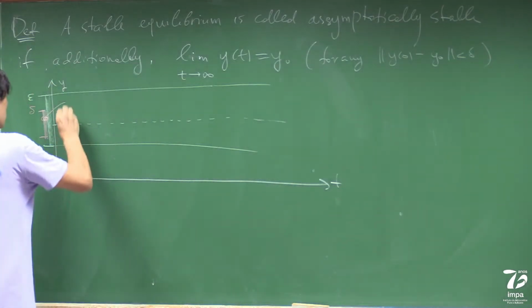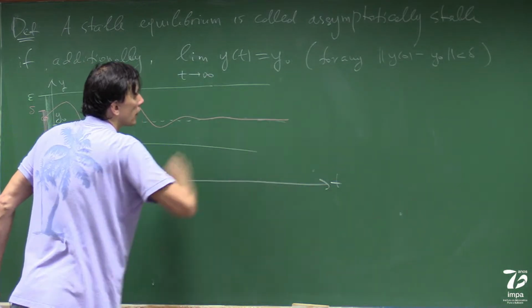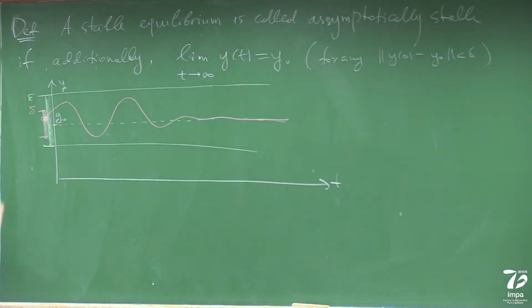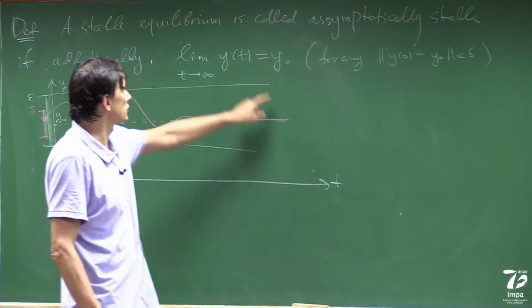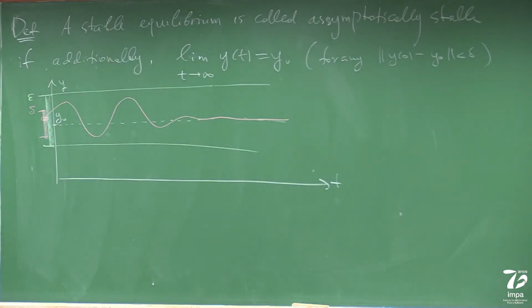But not only can you not exit, at large time you also approach the equilibrium. So that's the definition. Asymptotically stable is not just that the solution doesn't go away, but also that after large time it becomes the equilibrium. Okay.